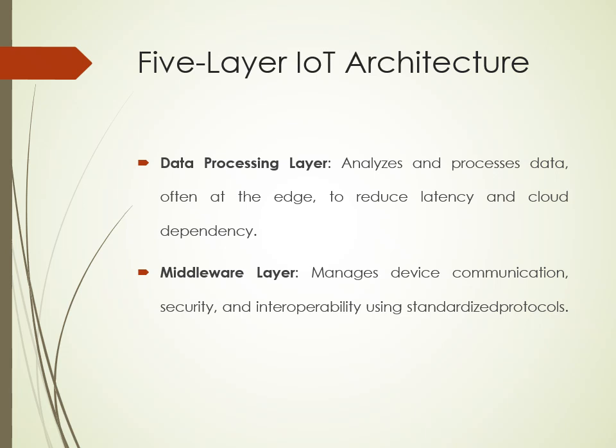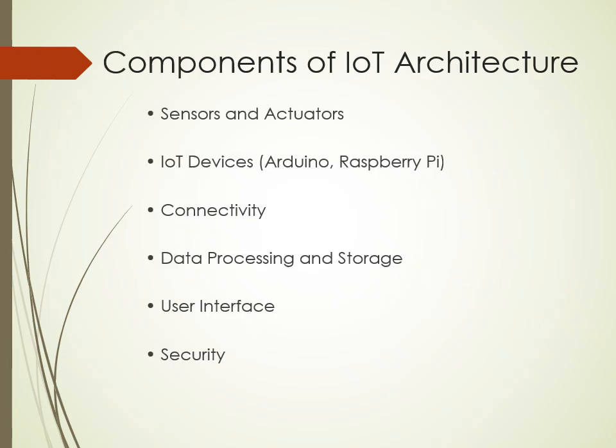standardized protocols. Okay. So the next one, components of IoT architecture. We know that the IoT architecture is made up of several essential components. The important components are listed in this slide. What is the first one? Sensors and actuators. The main purpose of using sensors and actuators is to collect the data and to perform the action on it. The second one is IoT devices such as Arduino, Raspberry Pi, or ESP32 modules.